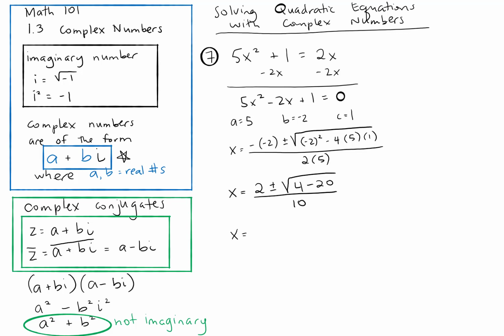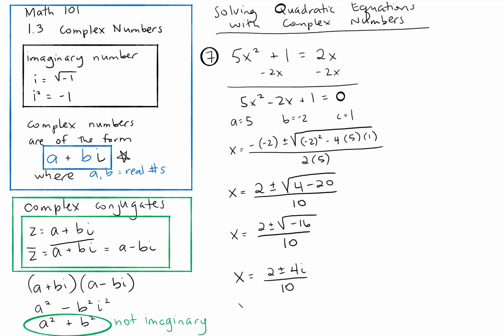That becomes 2 plus or minus the square root of negative 16. And notice that inside my radical I have a negative. So that becomes 2 plus or minus 4i. And that's my clue that I have a complex number as my answer. It happens because the radical has a negative inside of it.